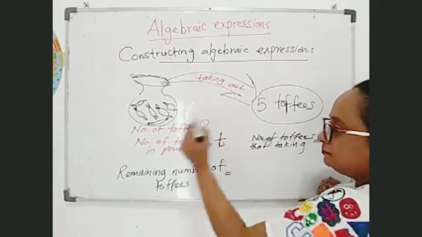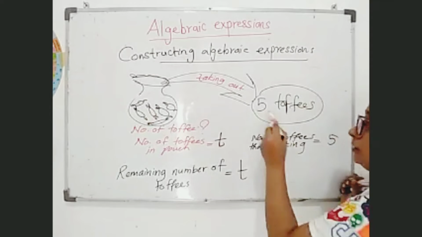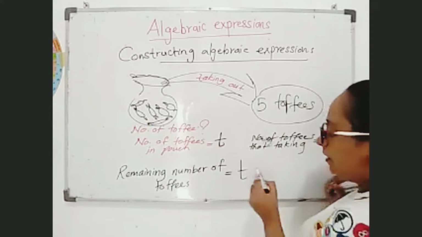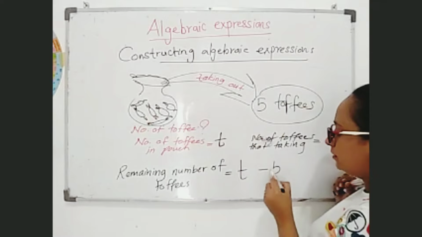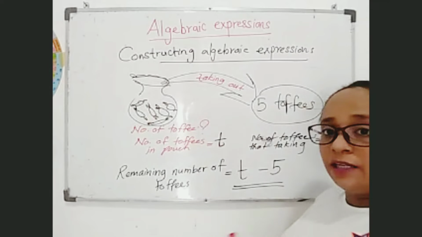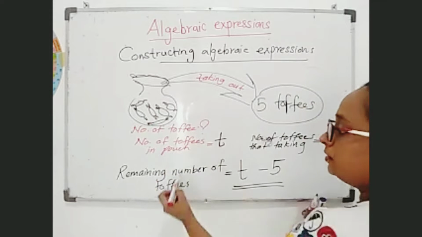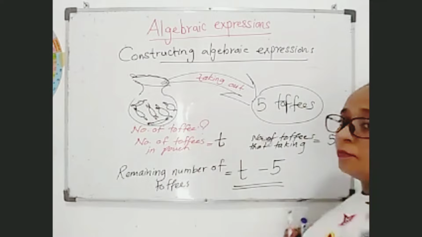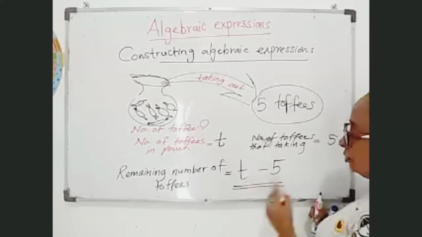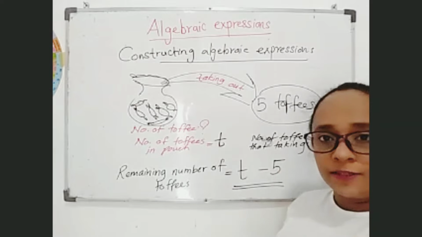So the number of toffees in the pouch is T. The amount I am taking out is 5. So I have to subtract 5 from T. So this is an algebraic expression that we created to find the remaining number of toffees. Such a term we call an algebraic expression.